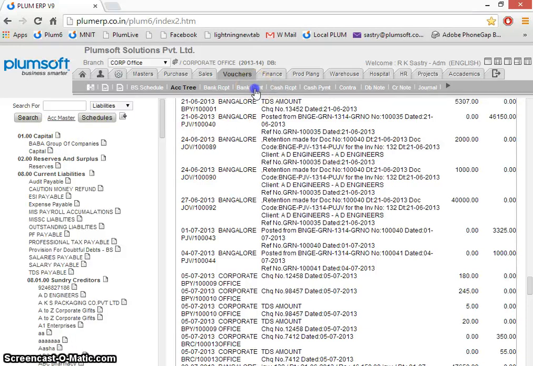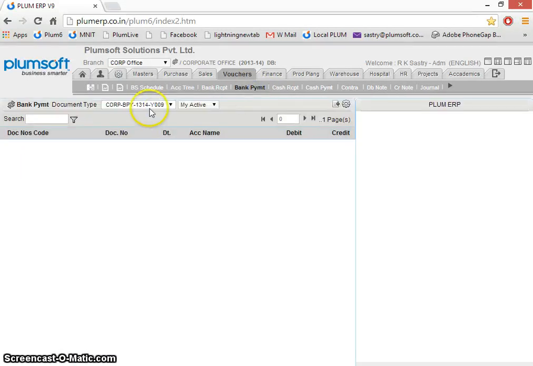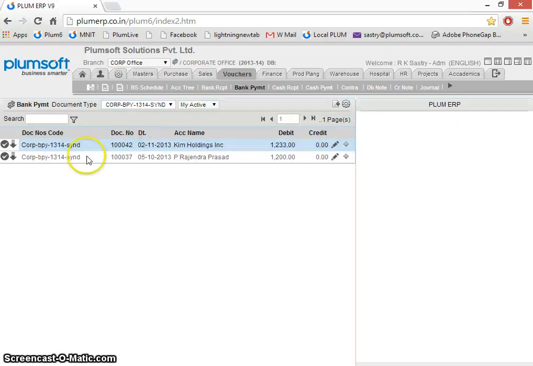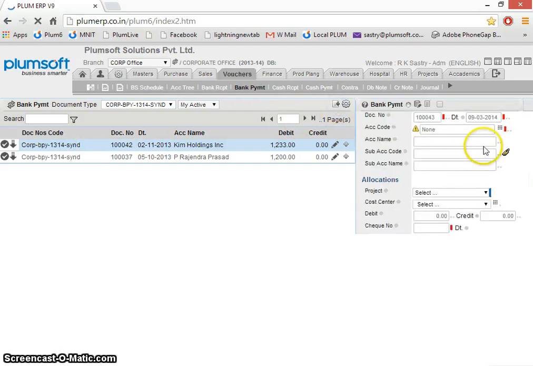Now let's go to a bank payment. As indicated earlier, each branch can have any number of cash or bank accounts. So we are selecting one of them, say, Syndicate Bank. There are already two vouchers which have not been posted. Let's create a new voucher.